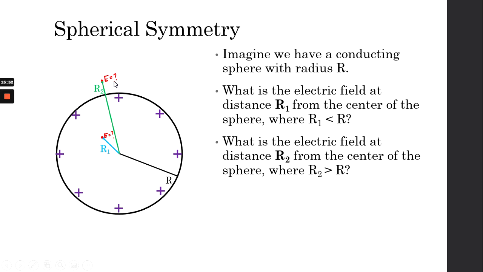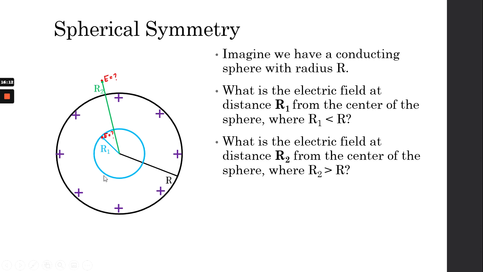So what we are going to do is create what we call a spherical symmetry, meaning you have to create an imaginary sphere with a radius of r1.